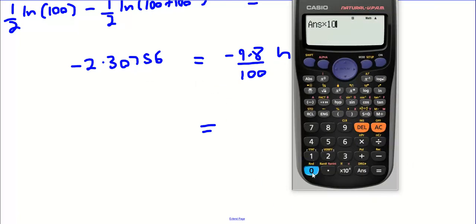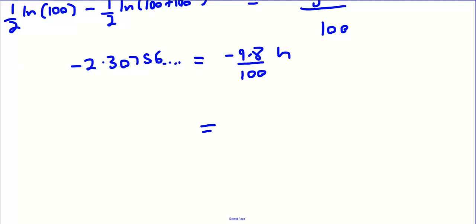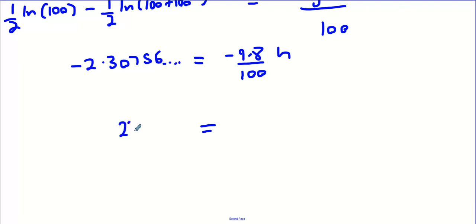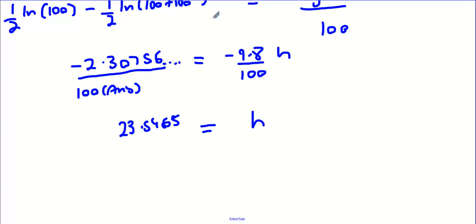Multiply by 100, divided by 9.8. You can put a few dots on it if you wanted, and you get your maximum height was 23.5465. Because what you said was 100 multiplied by your answer, or just call it x even.